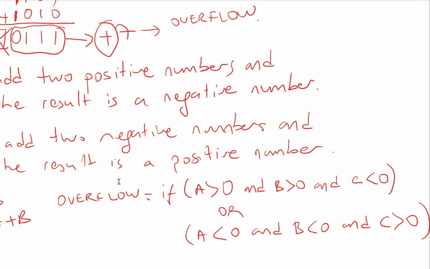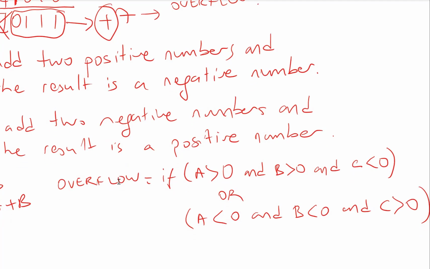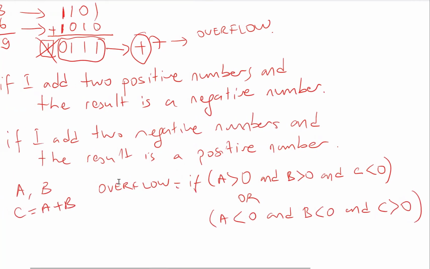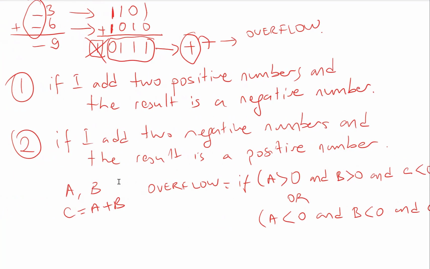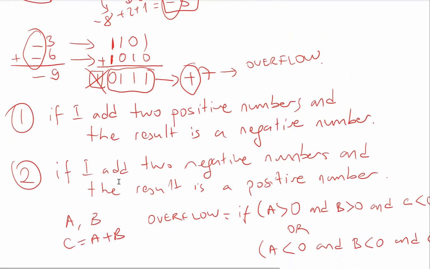So if one of these conditions is satisfied, we can say there is an overflow. Why is overflow important? Because if there's an overflow, our addition is wrong, right? Whatever operation we are doing, it is wrong.